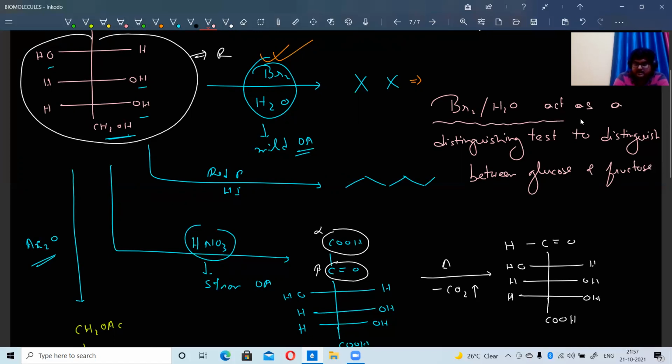Very, very important line. Just remember this part.